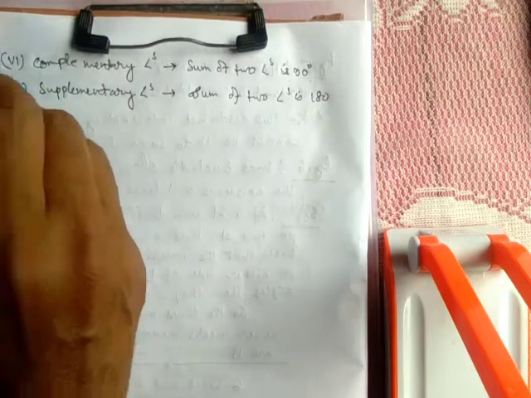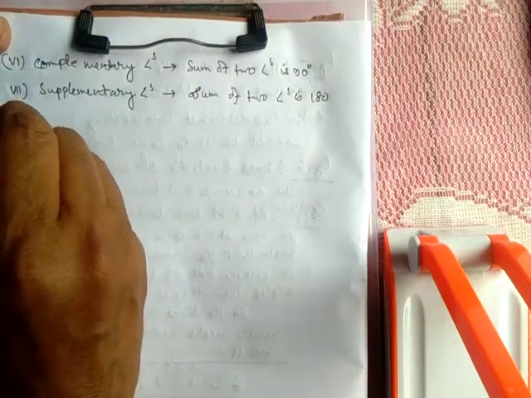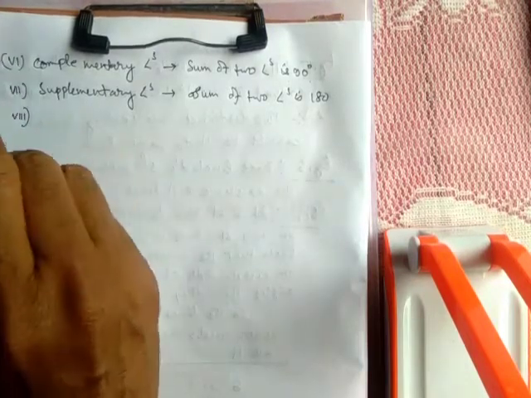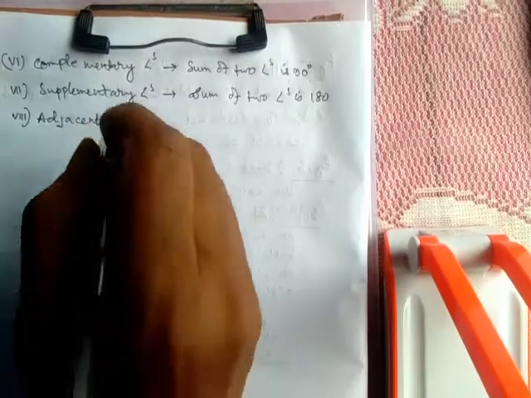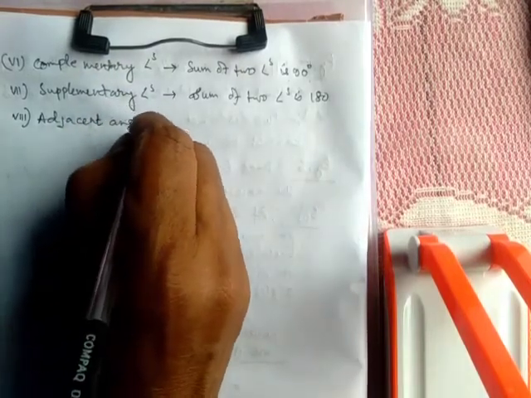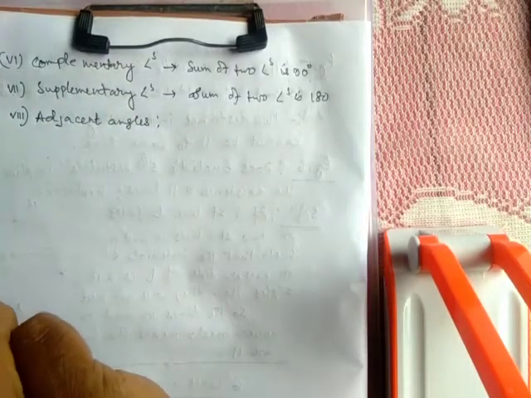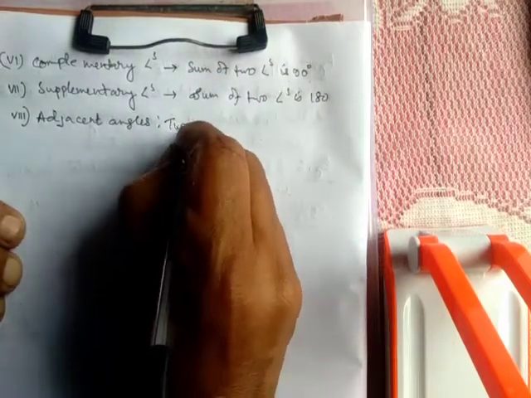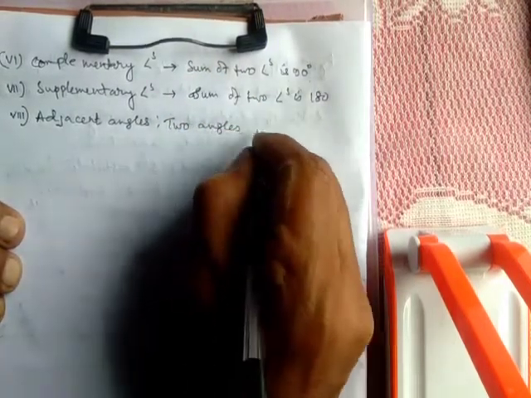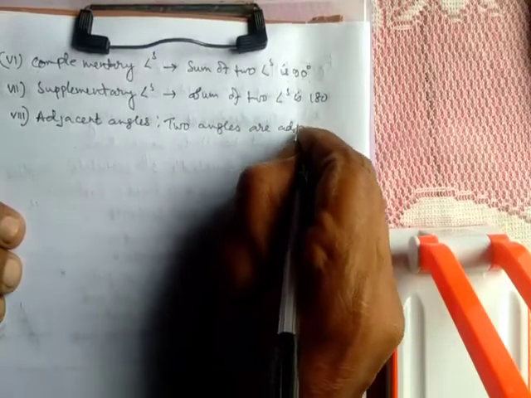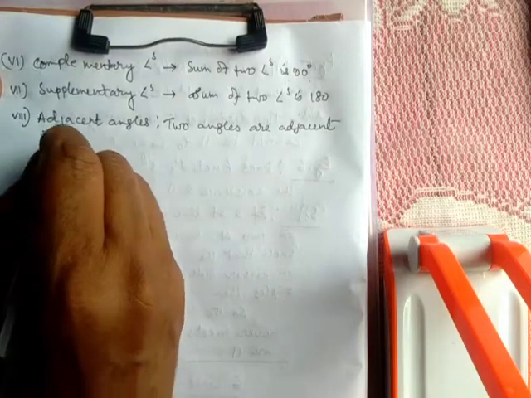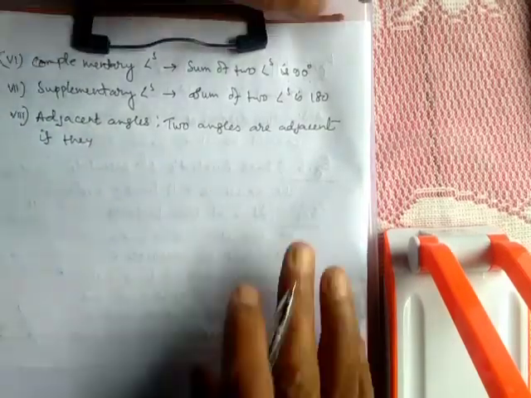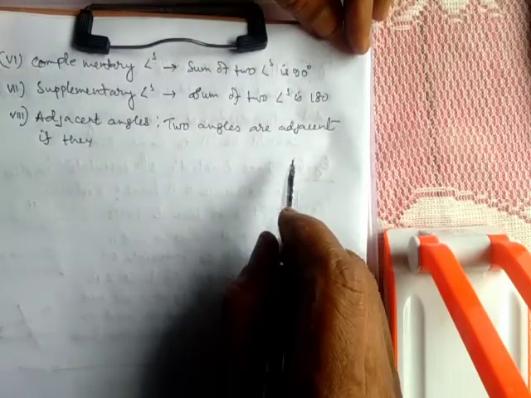Next we will see adjacent angles. Two angles are adjacent if they have a common vertex. Let me draw one.